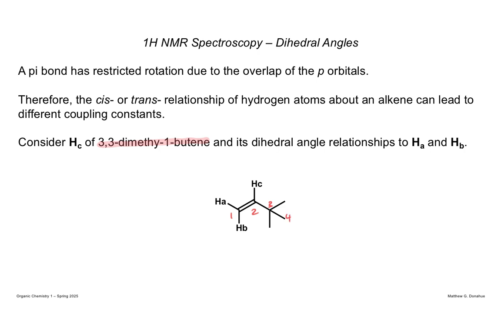So we have a 4-carbon chain. Starting at carbon 1 is the alkene. Then on carbon 2, there's 2 methyl groups. So if we were to determine the uniqueness set of this, to a first approximation, you would say there's 1, 2, 3, 4 unique carbons.